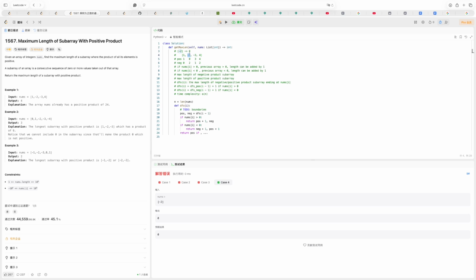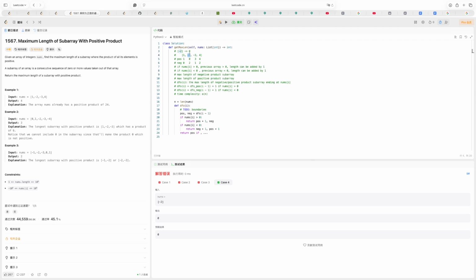But when we look at the next negative value, we will not know the previous is positive or negative. But we know the previous length of the positive is 1. So for 1, now I am negative.